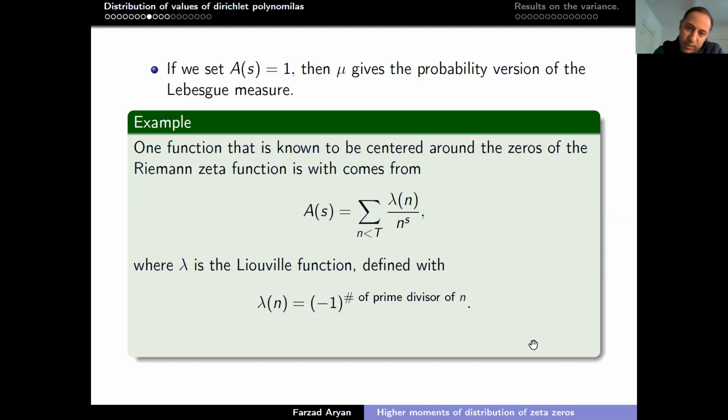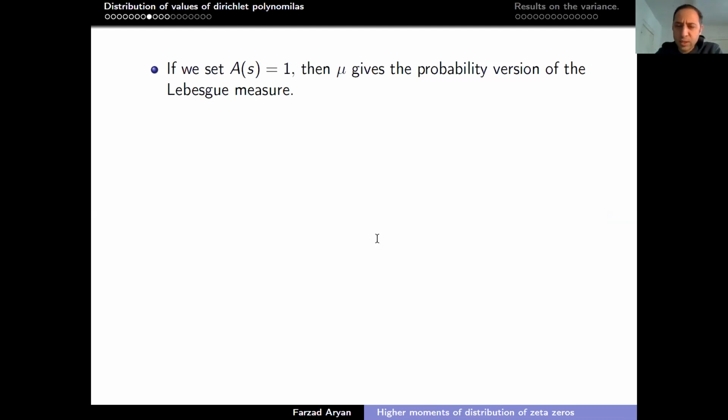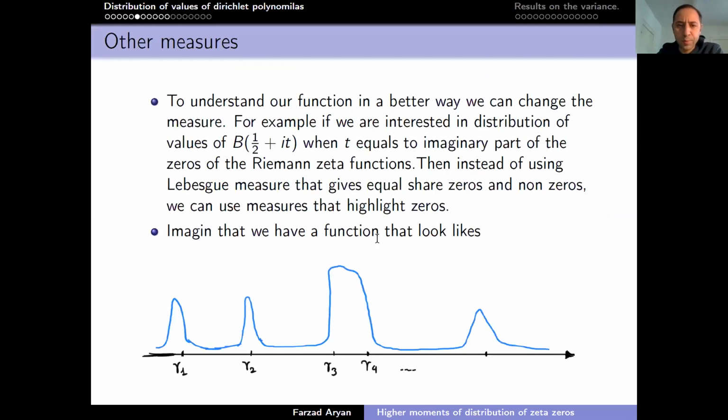So if I pick this arithmetic function as my coefficients, it's known that the final function, A of s, would highlight the zeros to some degree. The length is very important. The longer you take it, the peak around 0 gets narrower and narrower. Let me go back to the picture I showed, because I have a little peak around each zero.